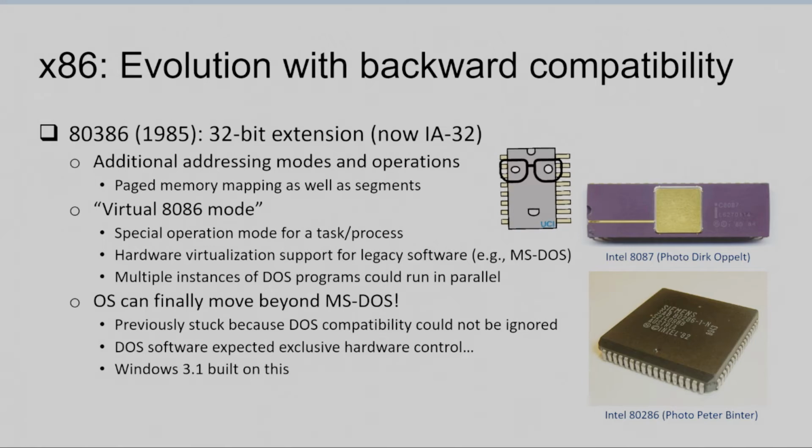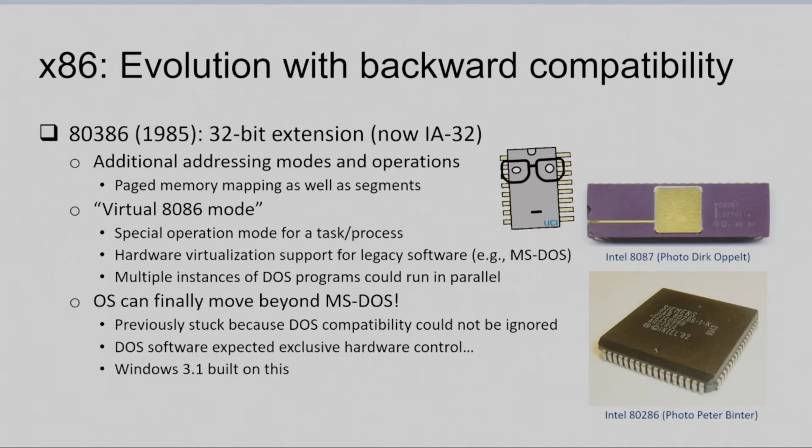Since the 386 had hardware support for different processes, it allowed a way to set a special operation mode for a particular task or process. It was simple hardware virtualization support for legacy software, so that if a process is set to go into virtual 8086 mode, it's like virtualization, which we'll talk about in later parts of this course.